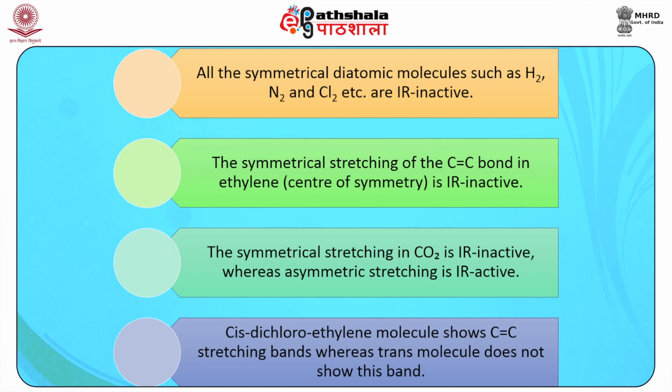Third, the symmetrical stretching of CO2 is IR inactive, whereas asymmetrical stretching is IR active. The fourth point, cis dichloroethylene molecule shows C double bond C stretching bands, whereas the trans molecule does not show this band because trans is a symmetrical molecule and cis is a non-symmetrical molecule.